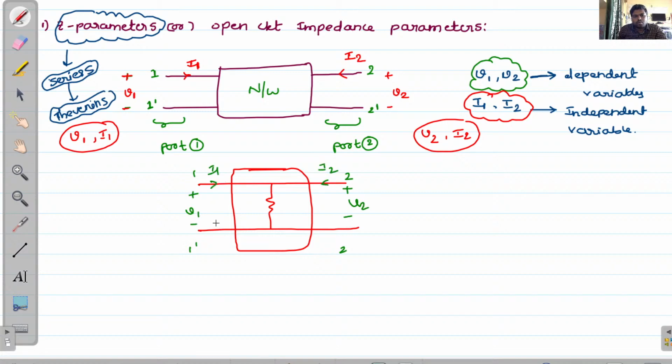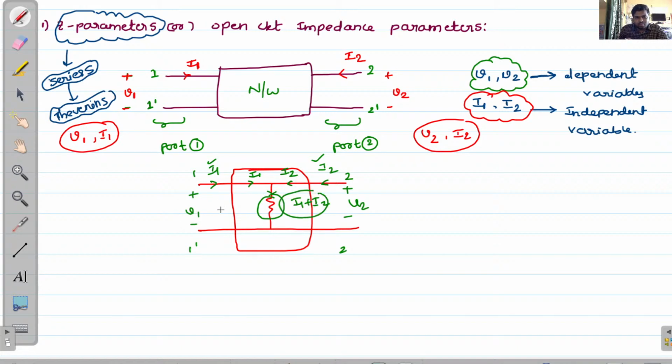From port 1 we are getting I1 current, from port 2 we are getting I2 current, and both currents can flow through this particular resistor. So at this resistor we have the current I1 plus I2.